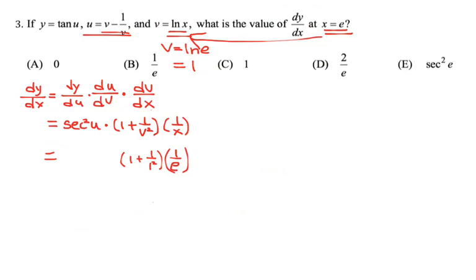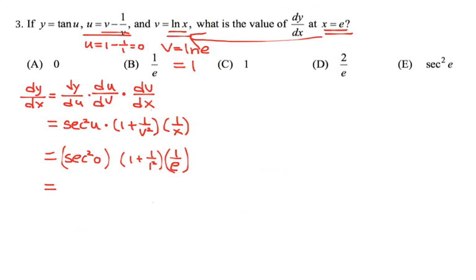Now, since v is equal to 1, what is u? U is then equal to 1 minus 1 over 1, which is equal to 0. So then here we get secant squared of 0. Now, one thing about secant of 0 is that it's the reciprocal of cosine of 0.